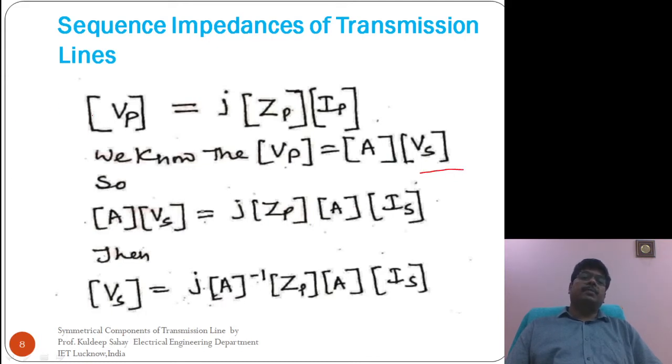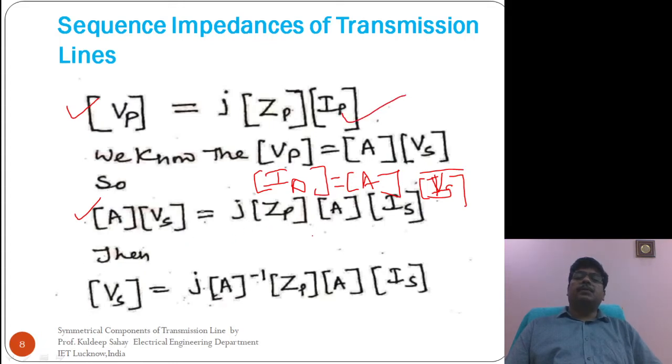So in place of VP, we can put A times VS. And in place of IP, similar to the voltage vector, we can write IP equal to A times IS.